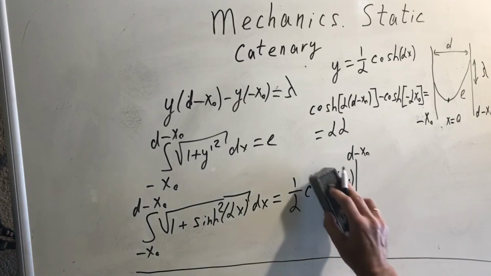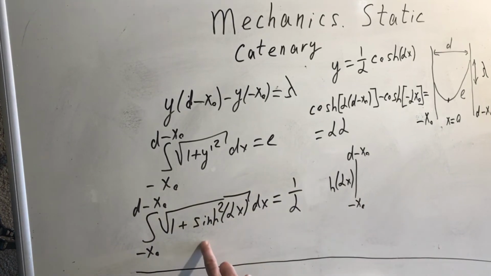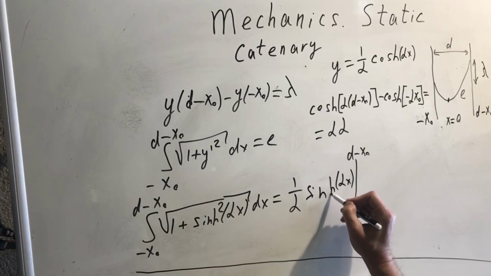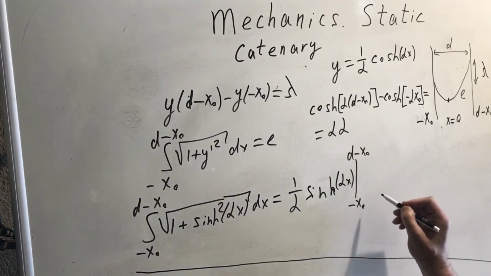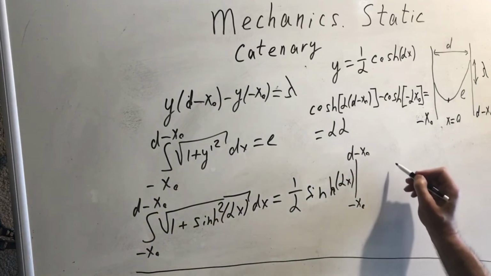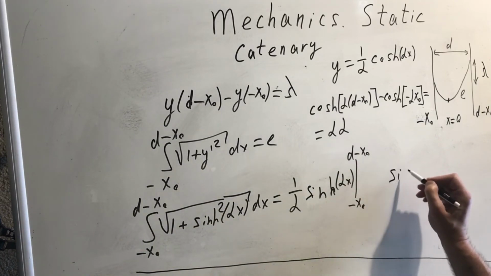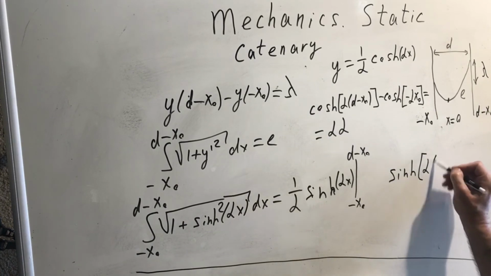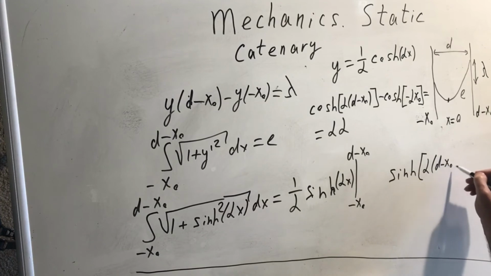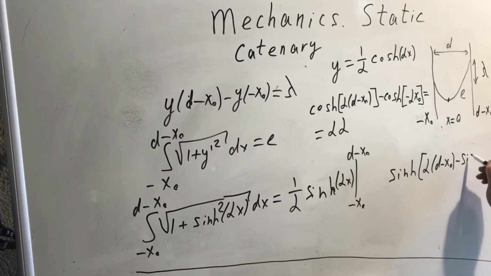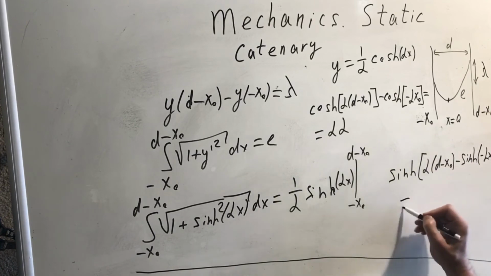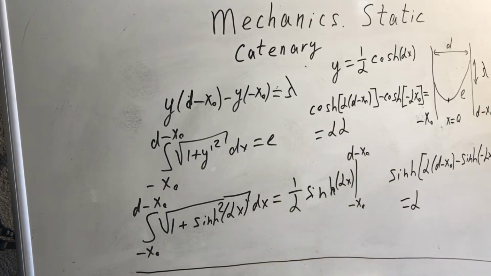Oh, that's not cosine, the integral of cosine is hyperbolic sine. And finally this equation we can represent in the form of sinh of alpha times d minus x0, minus sinh of minus alpha x0, which is equal to alpha L.